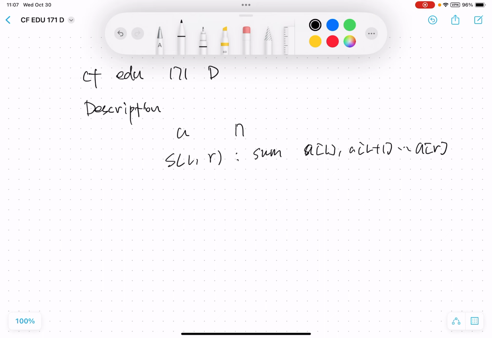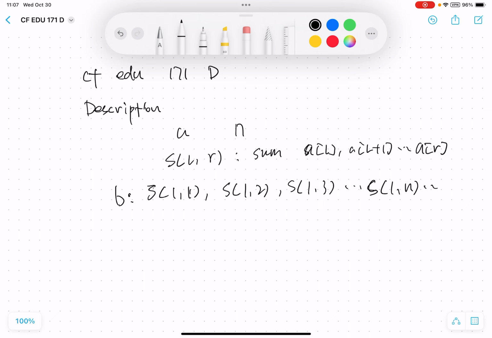Next, we can get an array B from A. The first element of B will be S(1,1). The second element will be S(1,2), and the next element will be S(1,3), till S(1,n).